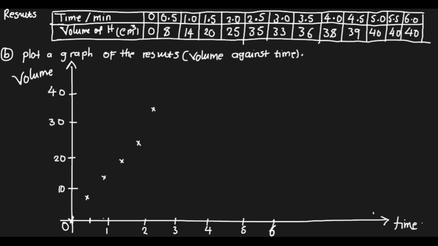So 3, 33 is here. This indicates an error, but let's just leave it like that. I will circle it. This means that if we draw like this, the reaction is fast, then it becomes slow, and it also speeds up. So we'll see what we would look at this point here.